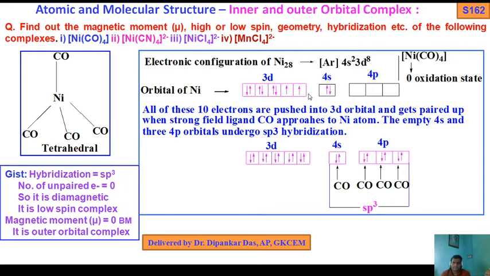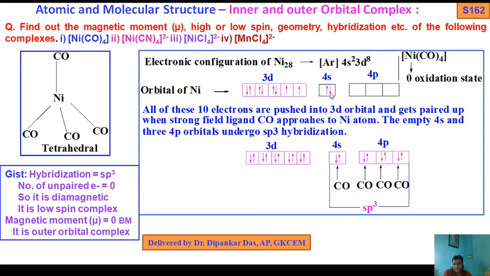Now, again I tell you, since CO carbonyl is the strongest ligand, what will happen? All these 10 electrons are pushed into the 3d orbitals. These are the 10 electrons, 3d8 and 4s2. All these 10 electrons are pushed into the 3d orbitals.